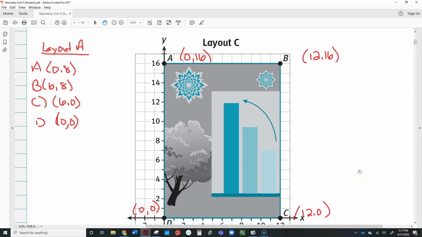So question number 6 says, what do you notice when you compare the coordinates of layout A to the coordinates of layout C? Well, the answer to number 6 is we notice that if you take the coordinates of A and double them, you get the coordinates in C.